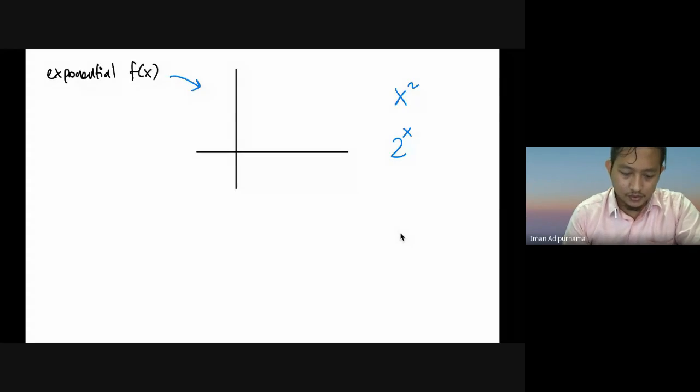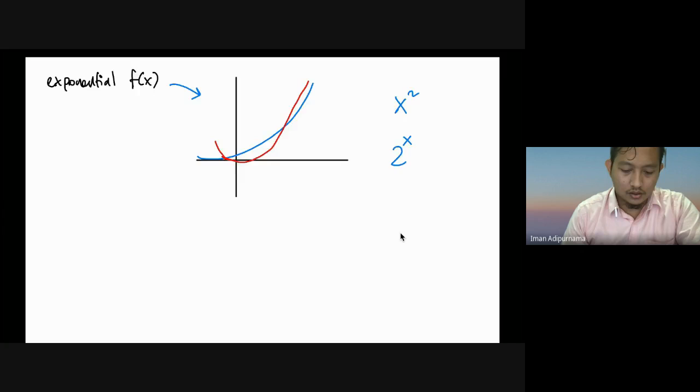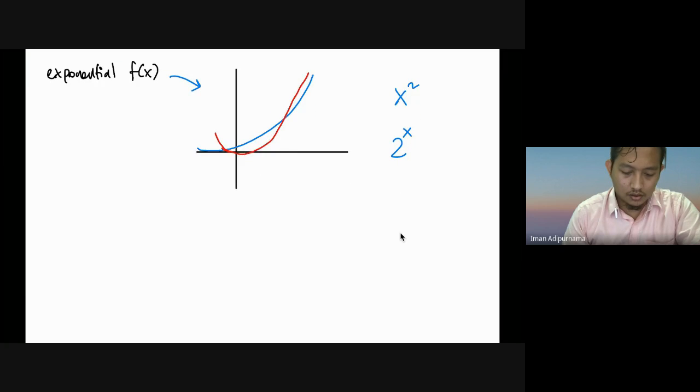If you look at the function, this is the exponential, and it should be crossing here, and it's going faster.